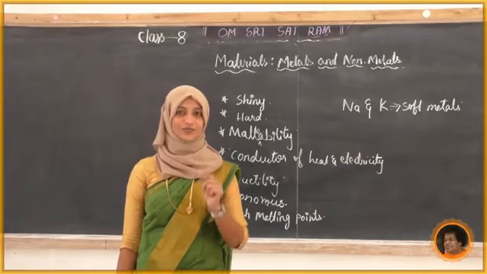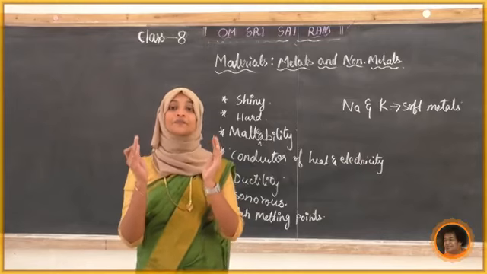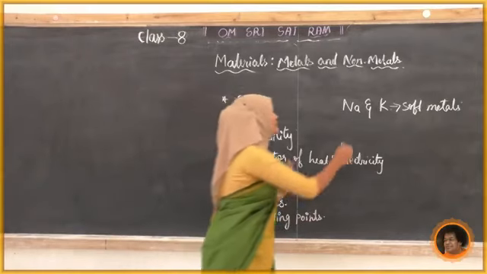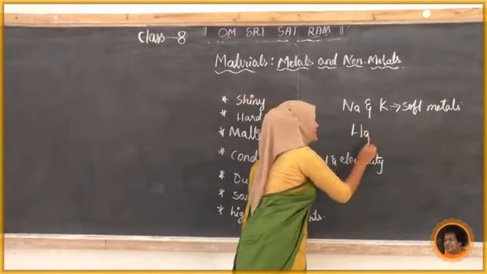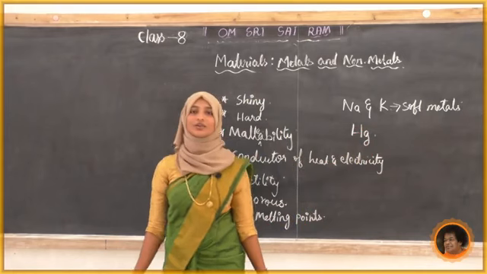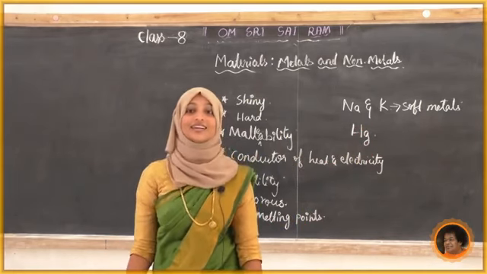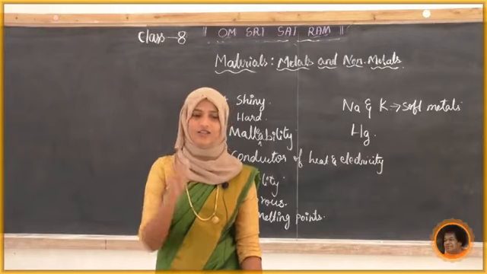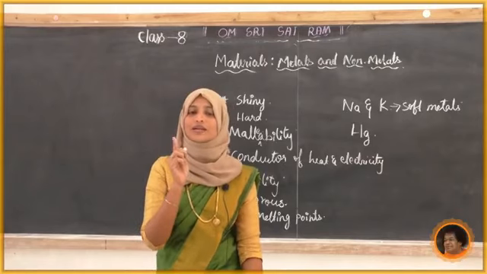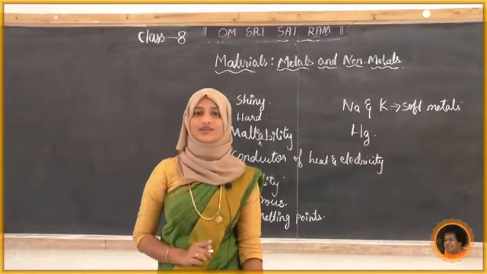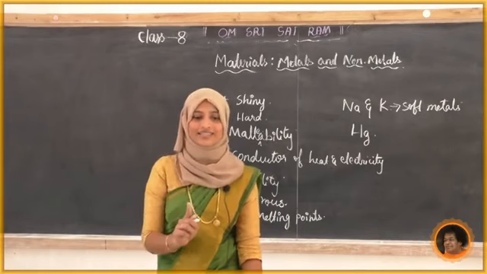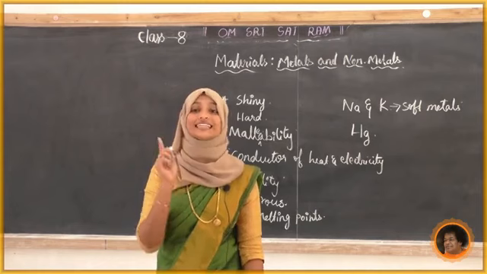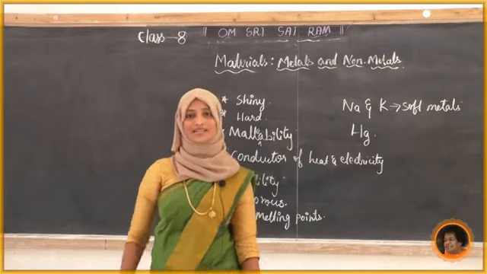One more exception is there students, that is mercury. Do you know what is the formula of mercury? Hg. Where are we using mercury? Yes, in the thermometer. Mercury is the only metallic element present in liquid form at room temperature.